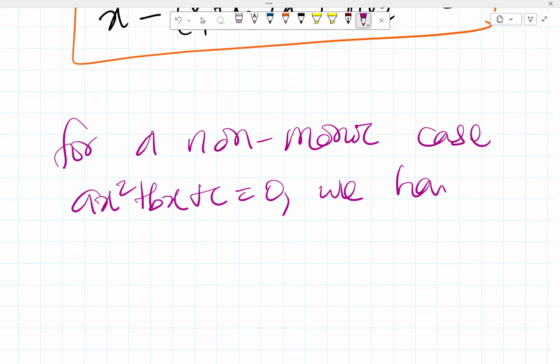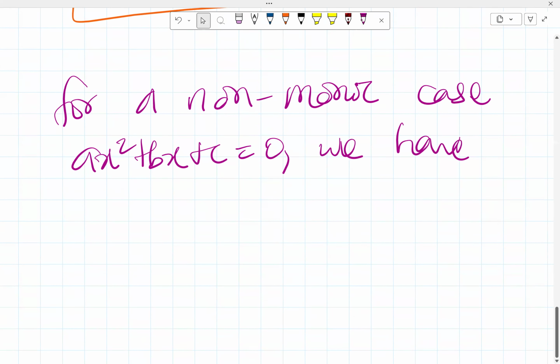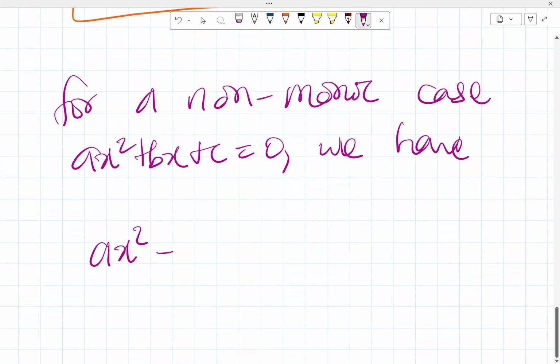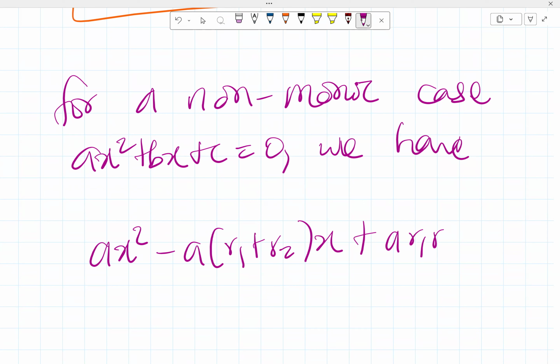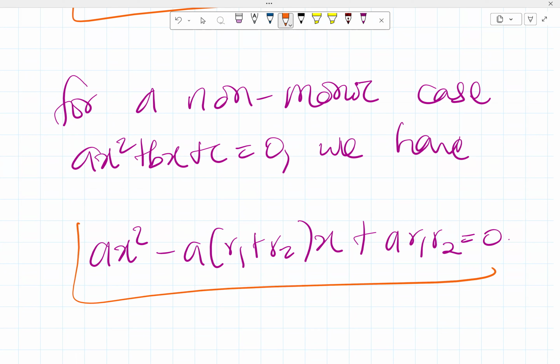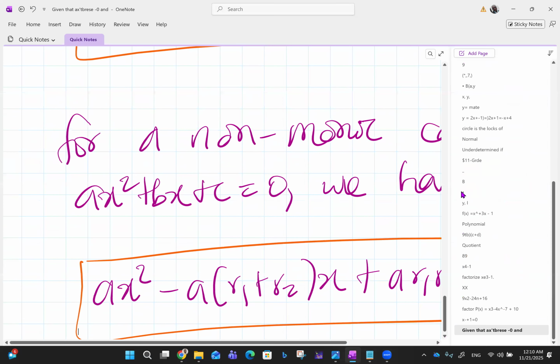Then we can have ax squared minus a(R1 plus R2)x plus a R1 R2 equals 0. So that's what happens for a non-monic case where the coefficient of x squared is not 1, it's something apart from 1.